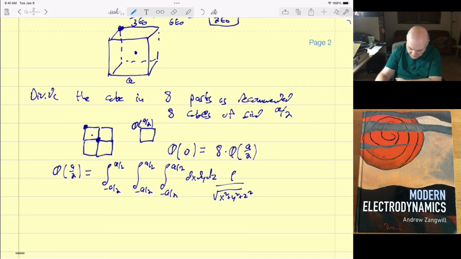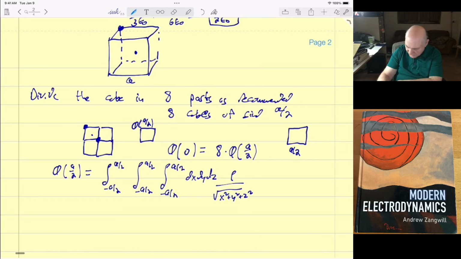In other words, we simply have a small cube, side is A over 2, and I have the charge, and I'm going to use the usual formula for the charge density divided by the distance.